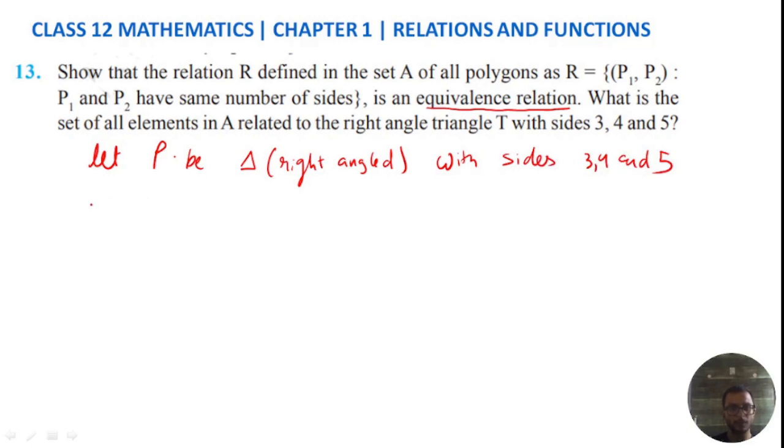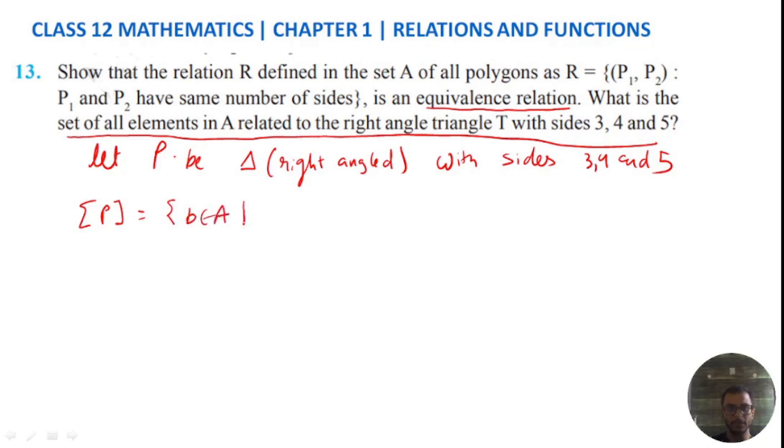So we have to find, now I can say, right, because it is an equivalence, I can say the equivalence class of P, because the way they are saying it, we have to find the set of all elements in A related to P. This is what the equivalence class of P means, right? We did this in previous questions. So what will be the equivalence class of P? All B belongs to A such that (P, B) belongs to R.